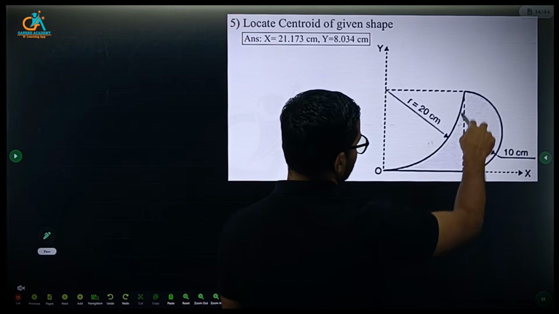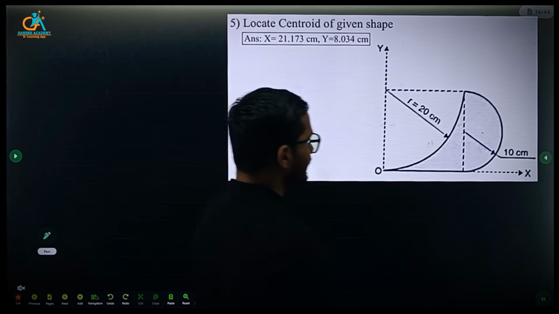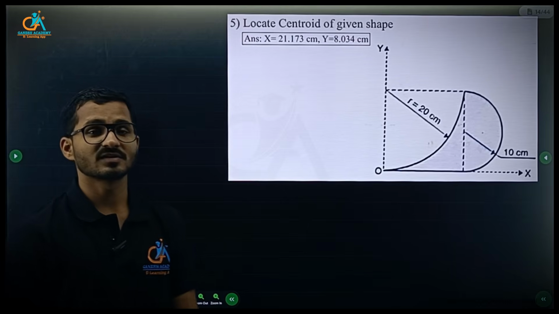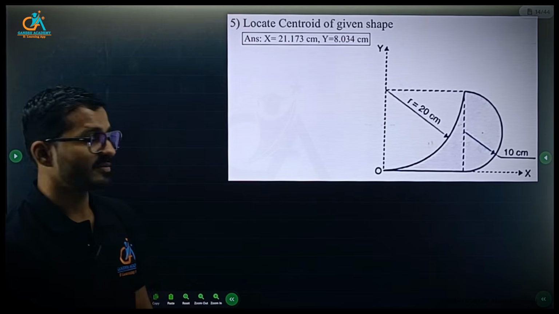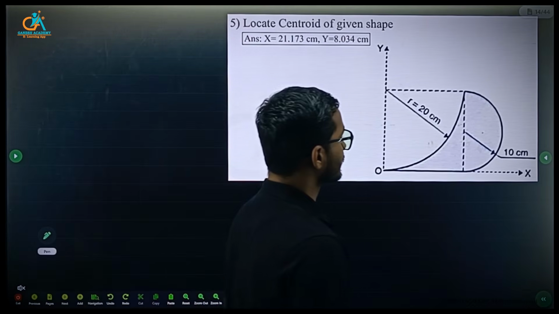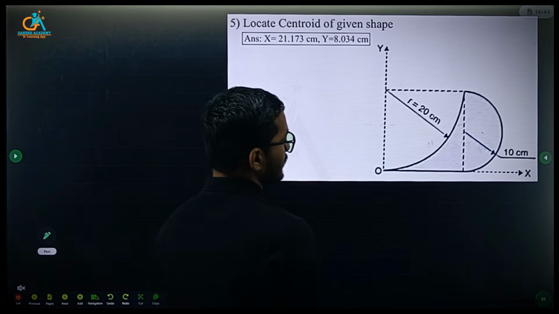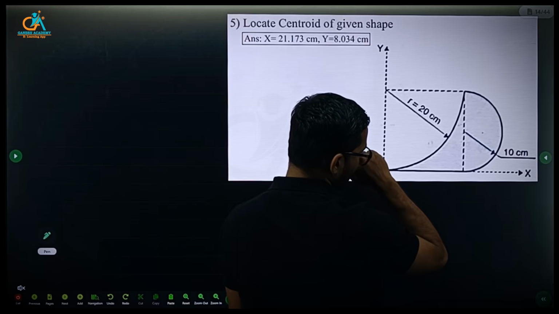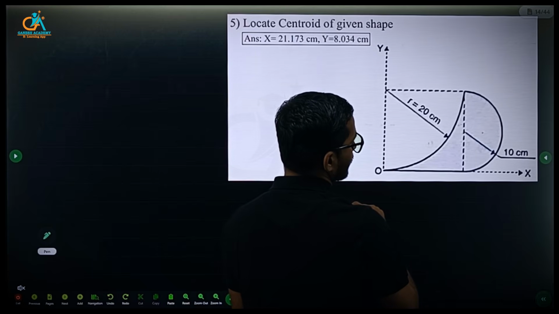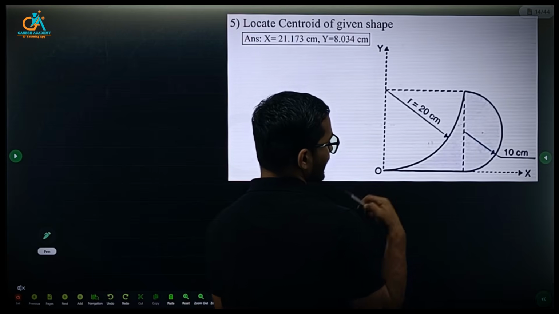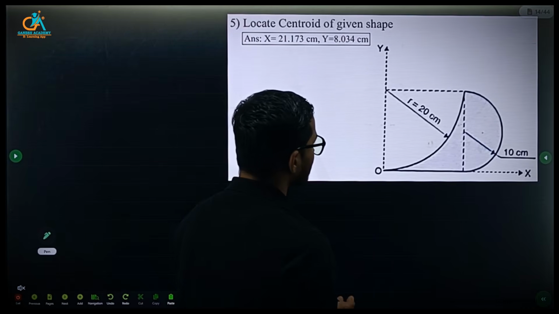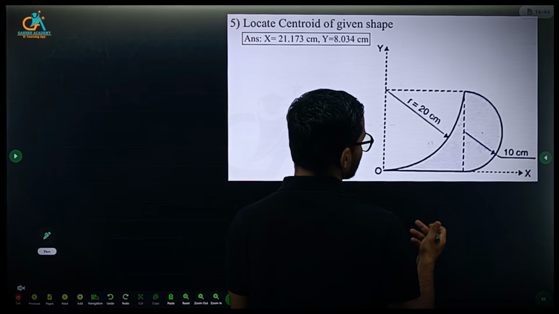This is the shape. So first we need to identify the primitive figures, the combination of the primitive figures from this given composite section. So for this diagram, we need to find the minimum number of primitive or standard figures.